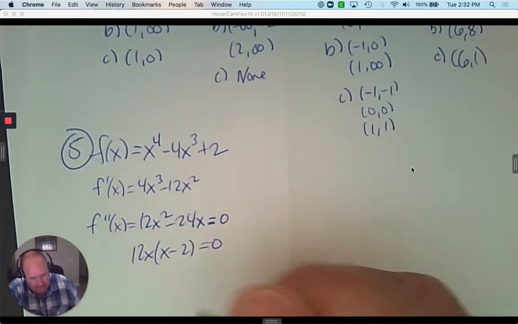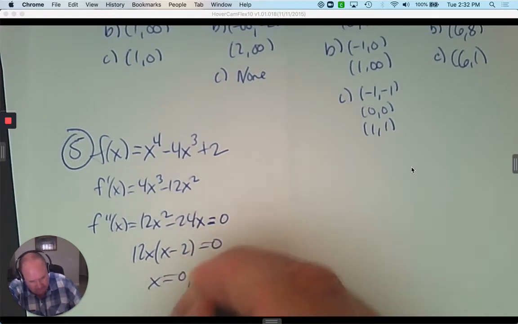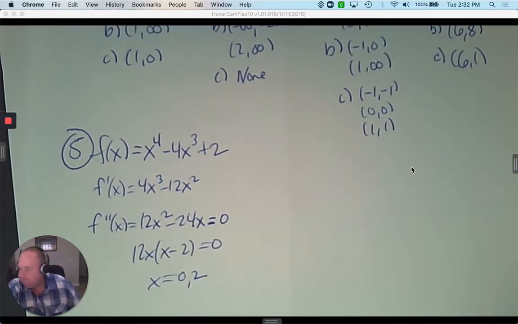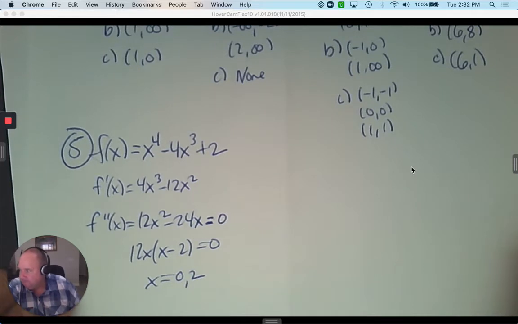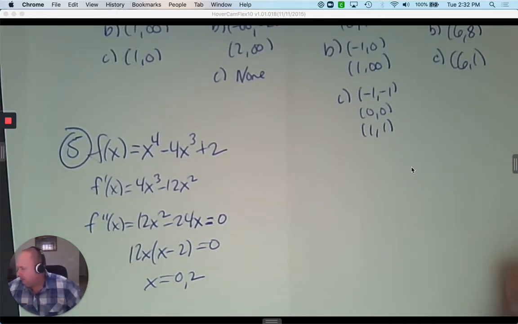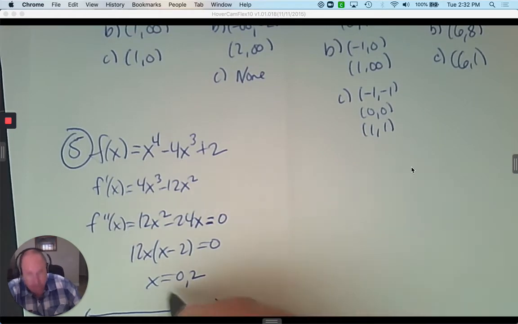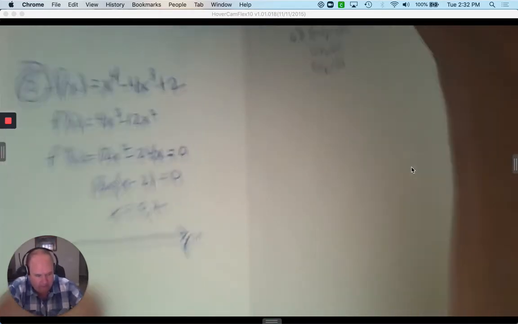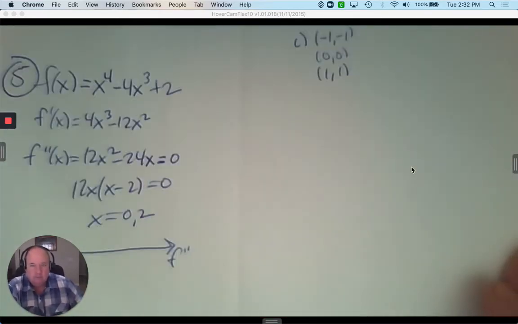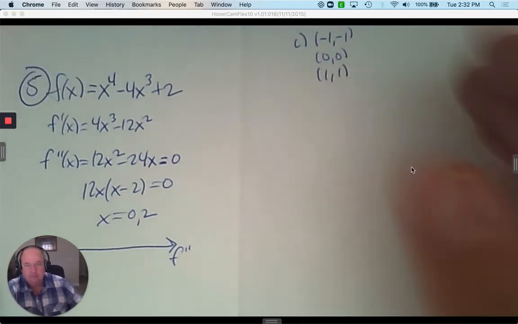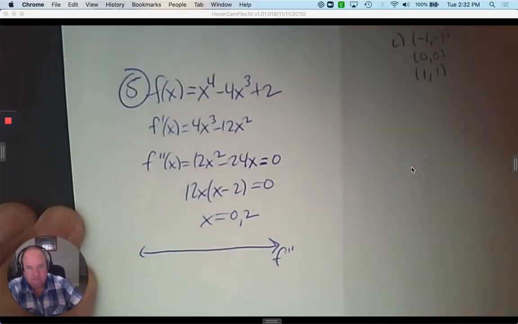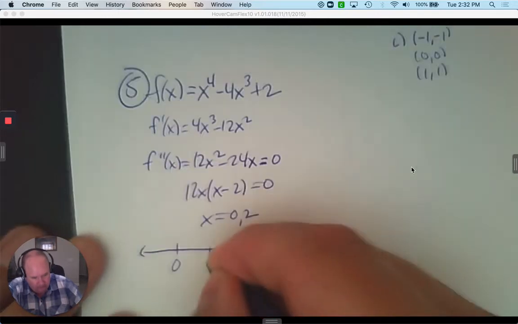And then I get the answer is 0 and 2. So now I'm going to draw a number line for 0 and 2. Now it's a second derivative number line. Those are your critical numbers for the second derivative. There we go. So 0 and 2.